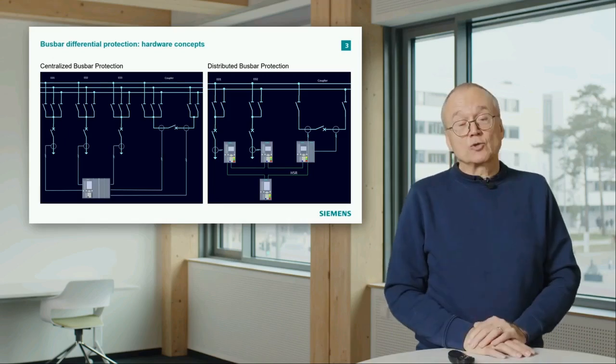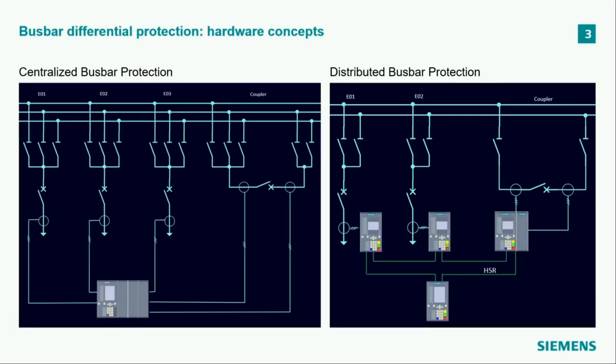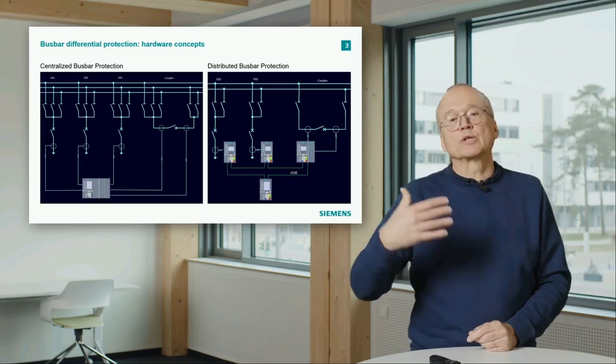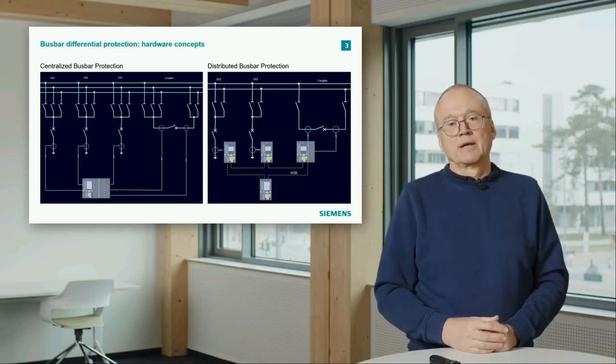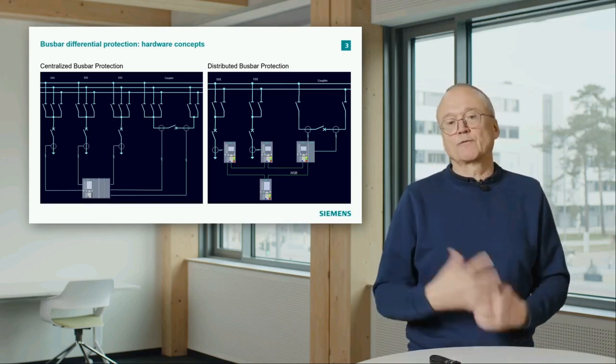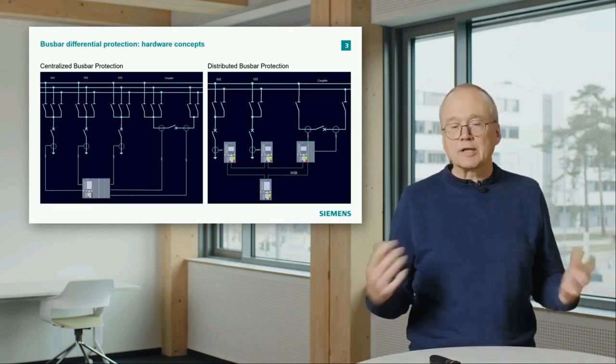On the right side, you have the so-called distributed busbar protection. What is the difference there? The equations for differential and restraint current always have to be done at a central point. That means we must always have one device where everything comes together. But for the distributed busbar protection, the data acquisition is distributed, decentralized. What helps us there is that for the feeders, we need feeder protection anyhow.